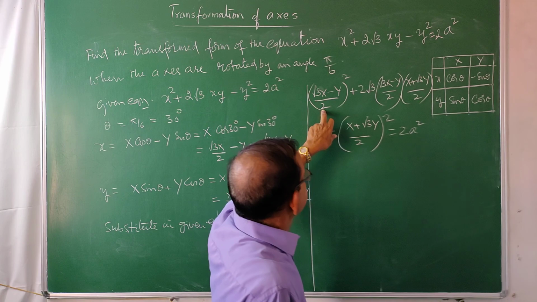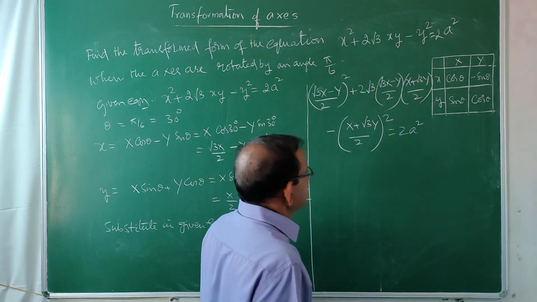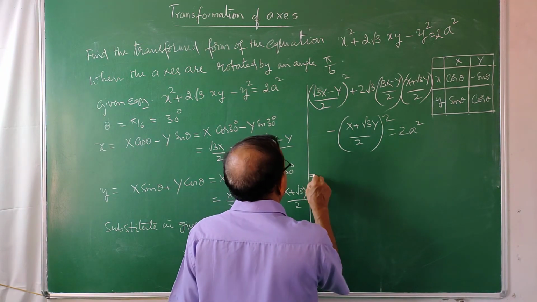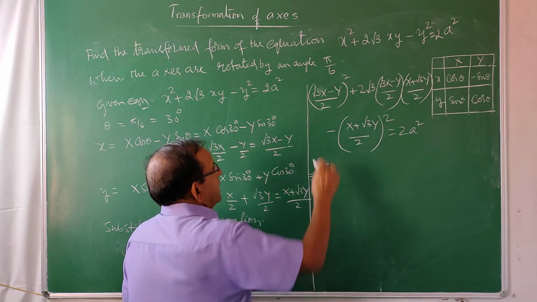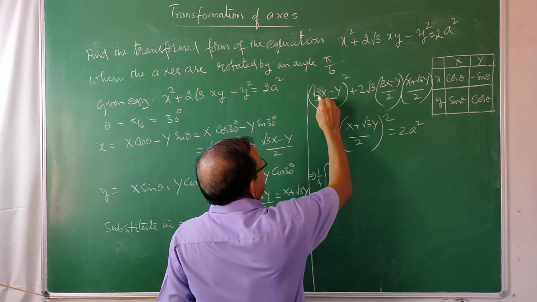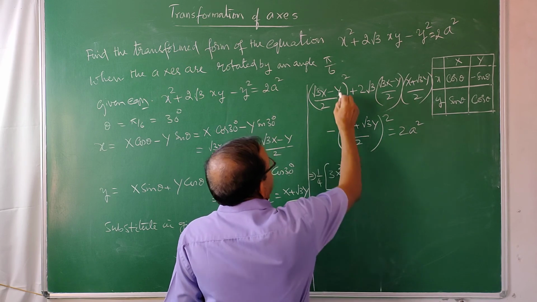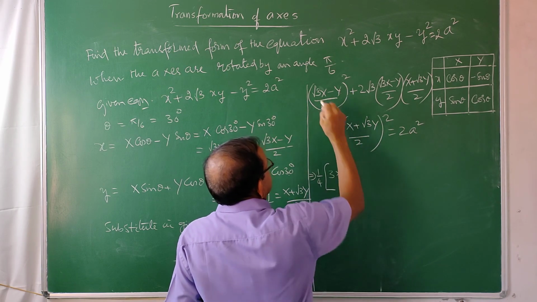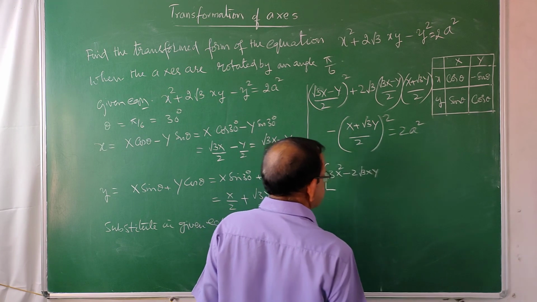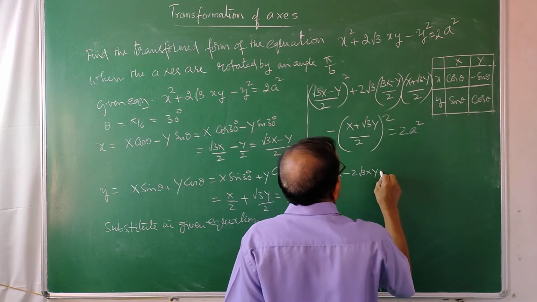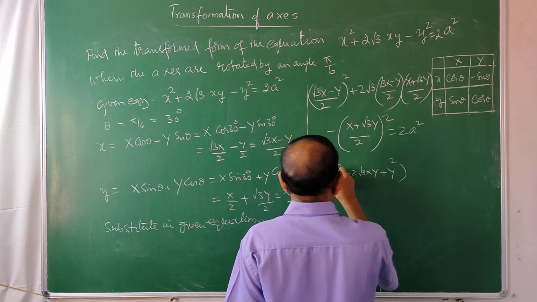Now here you will get 4 in the denominator in each term, so you can take 1 by 4 common. 1 by 4 into, expand this one, a minus b whole square. A square means 3x square, minus 2ab means minus 2 root 3 xy, plus b square, plus y square. This is the first term.